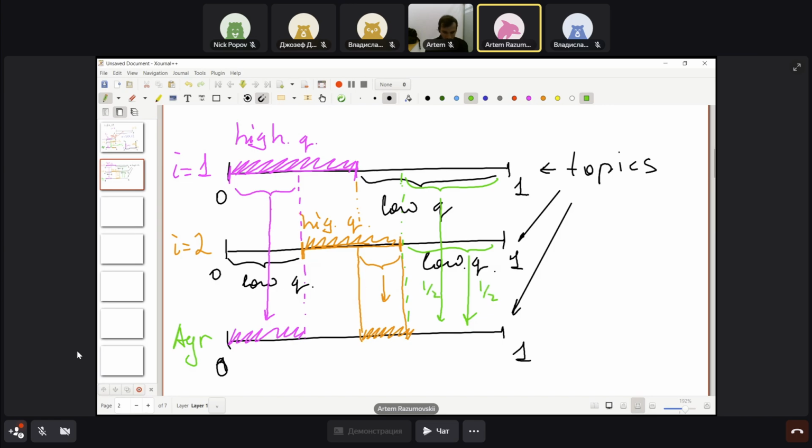And what about the rest interval between good qualities? So what about those topics? The same, with the probability of 1/2, but the quality will be high. So then with probability 1/2 we will take high quality here.